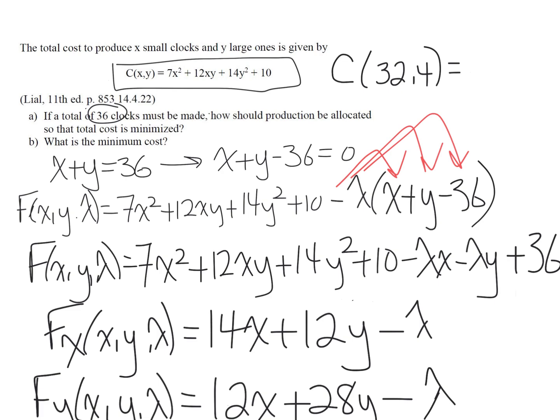Can anyone confirm that? Yep, okay. Super. $8,938 is the minimum cost to produce 32 small clocks and 4 large clocks.